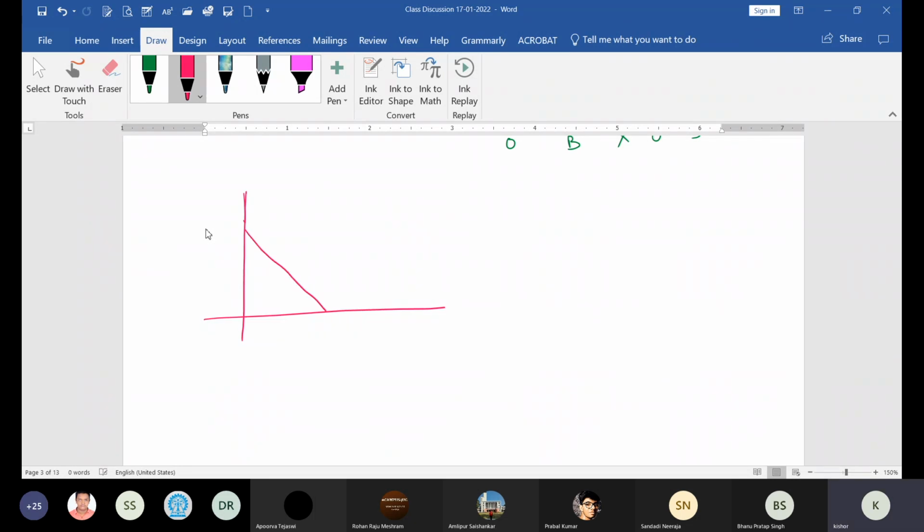This is your budget line, AB. Suppose this is an indifference curve, like this. Another indifference curve, like this. This is another indifference curve, like this. They are parallel to each other, more or less.